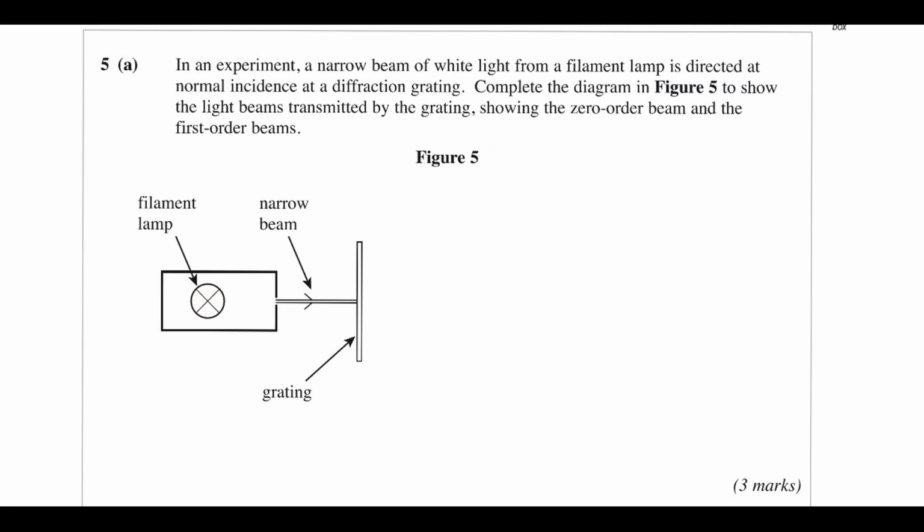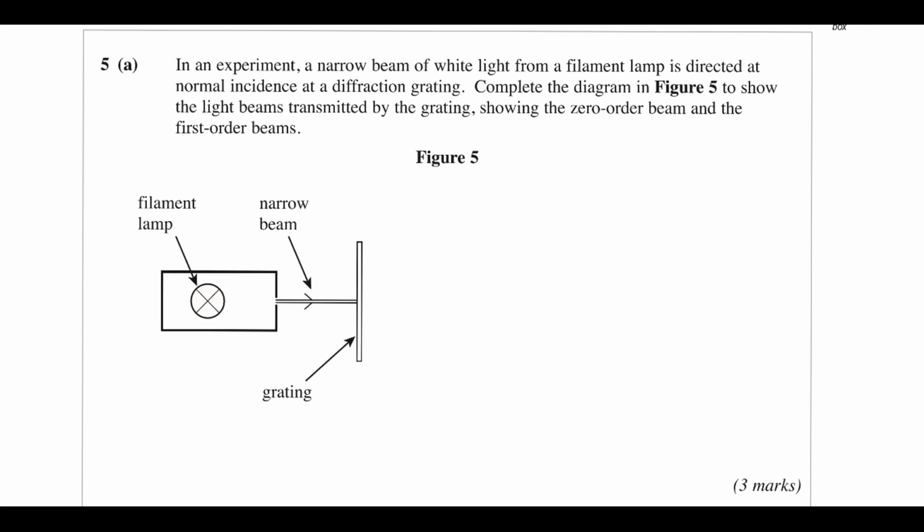All right, so now we're going to look at a diffraction grating, so some interference, and we're going to do it with white light. So complete the diagram to show the light beams transmitted by the grating, showing the 0 order and the 1st order beams.